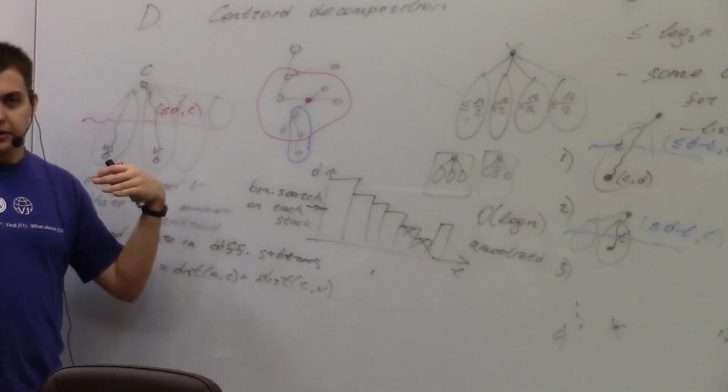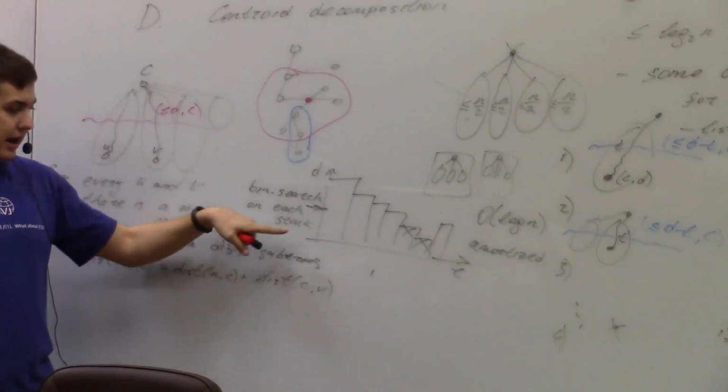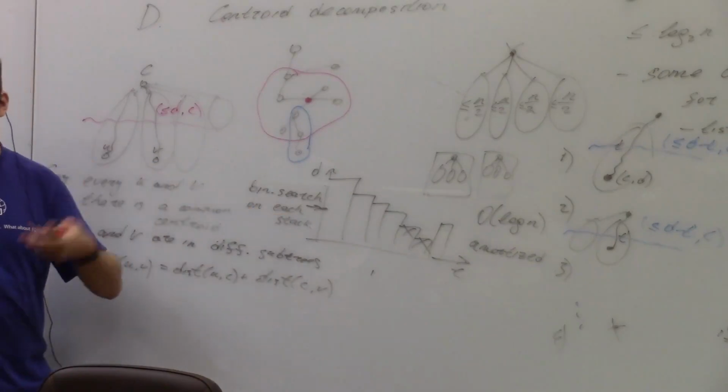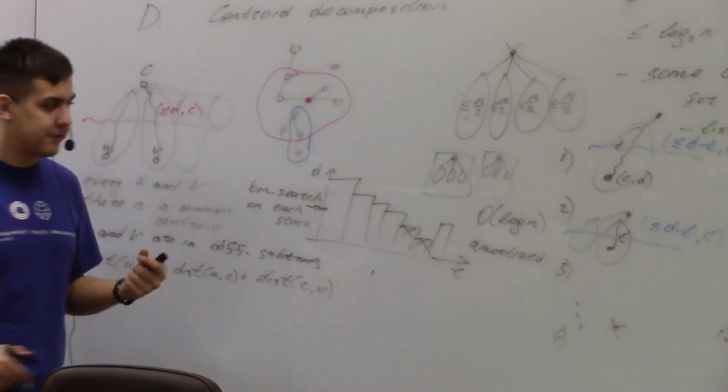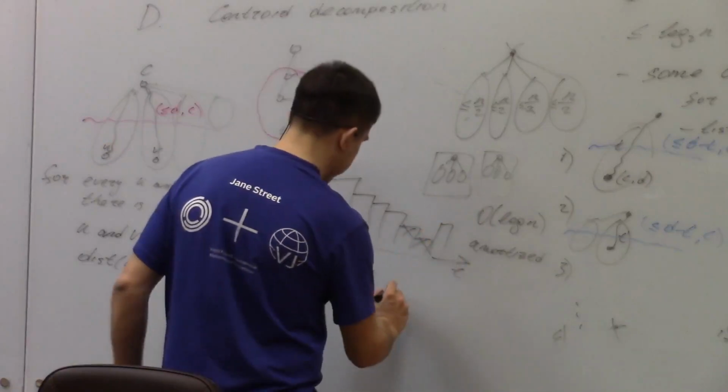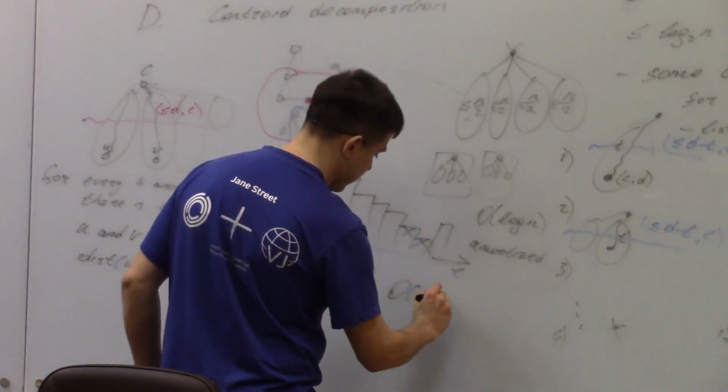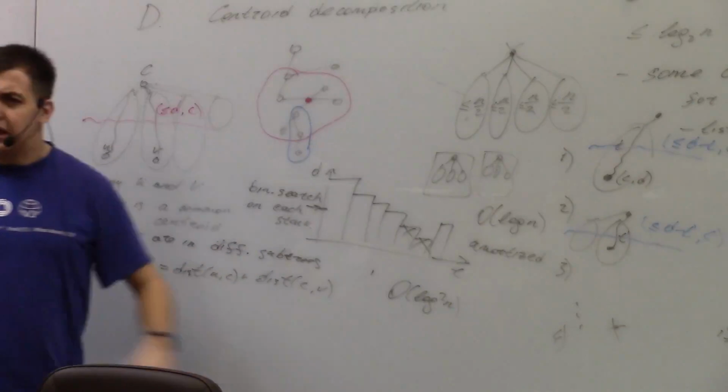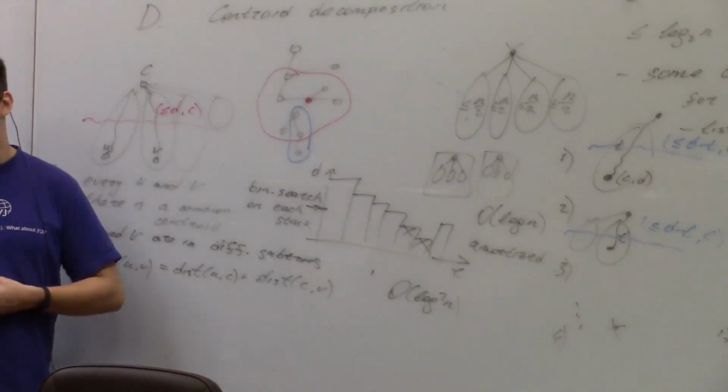So there are log n centroids, and binary search takes log n for each centroid. So the total time for the second query is big O of log squared n. But the cost is really low. So these are really fast operations, right?